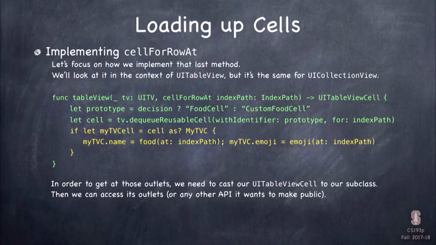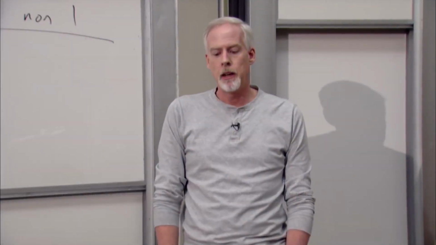Notice that for my data, I've created functions in my controller called food(at indexPath) and emoji(at indexPath). This is a common thing to want to do, which is basically have functions that take an index path and go look in your model, so that you can easily just drop them in here when asked. Okay?